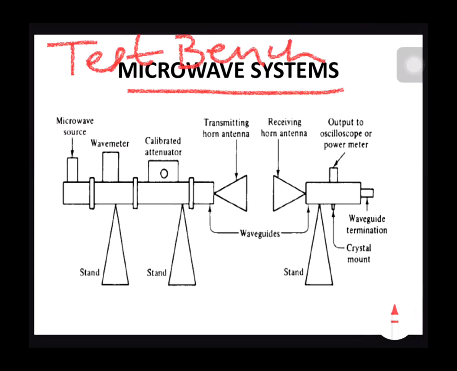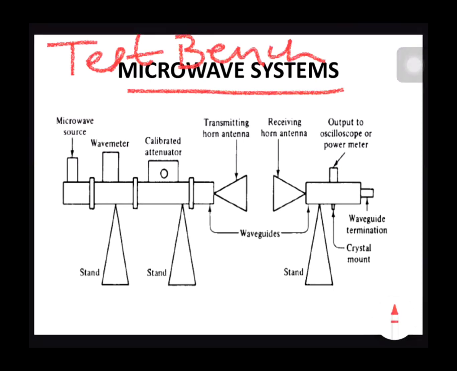A microwave system is a setup which is composed of microwave passive devices and active devices, which enable us to analyze the parameters of a microwave signal like frequency, wavelength, voltage standing wave ratio (VSWR), and power of the microwave signal. This is what we call a microwave system.